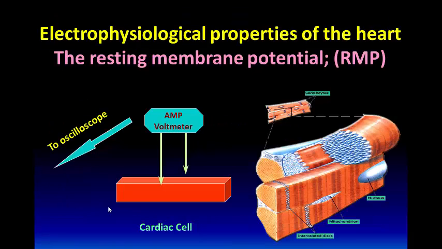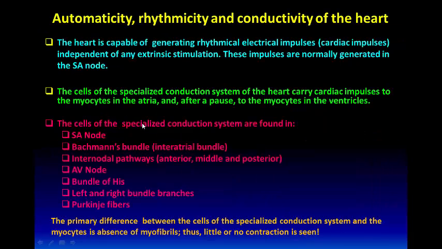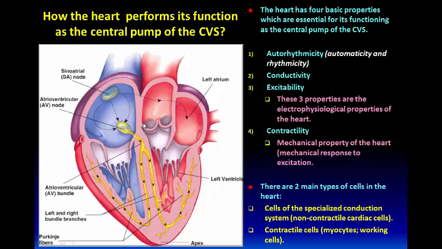We shall now describe the electrophysiological properties of the heart in more details. We will describe the excitability, then we will describe autorhythmicity, and in the latter part of the lecture we will describe conductivity.